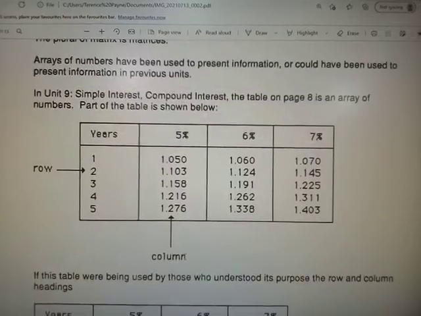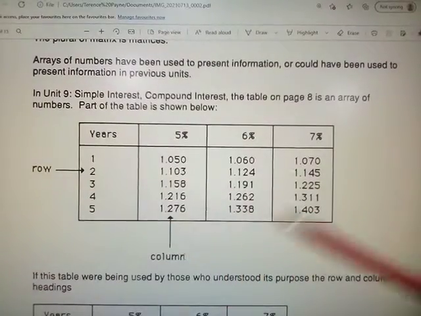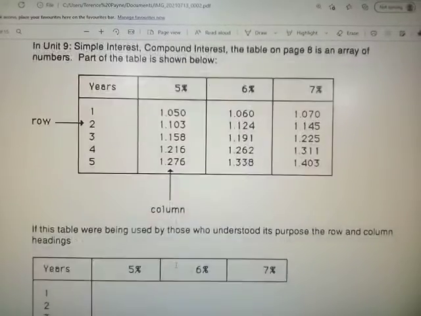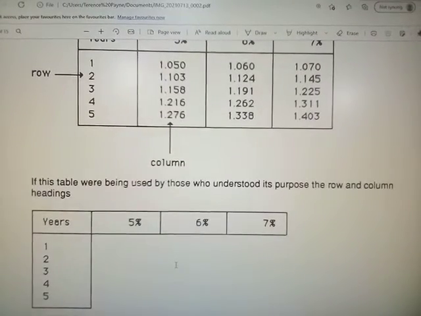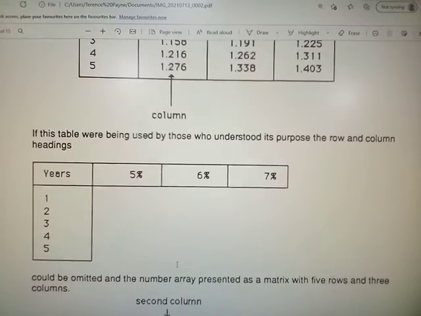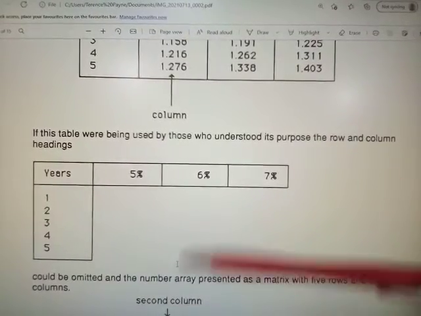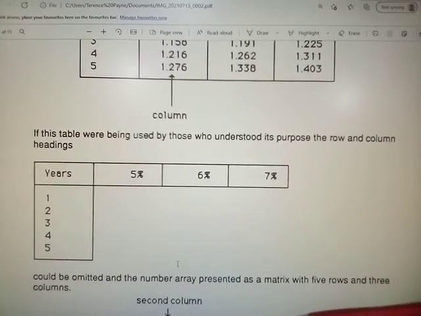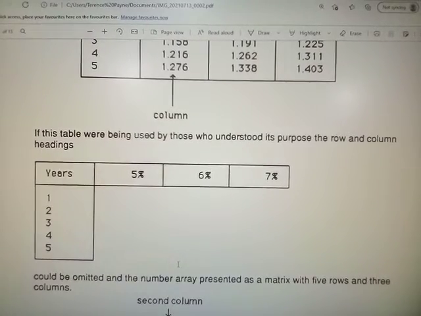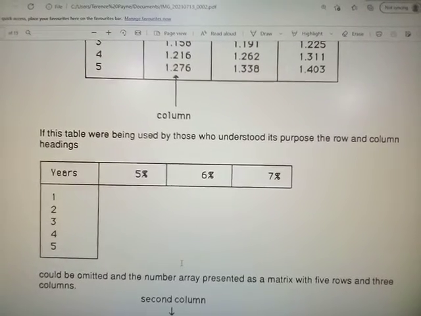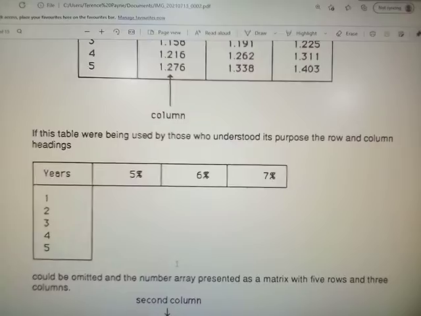Now look carefully here that you have your rows going across and your columns coming down. If this table were being used by those who understood its purpose, the column headings could be removed and the number array presented as a matrix with 5 rows and 3 columns. Therefore, it would be a 5 by 3 matrix.